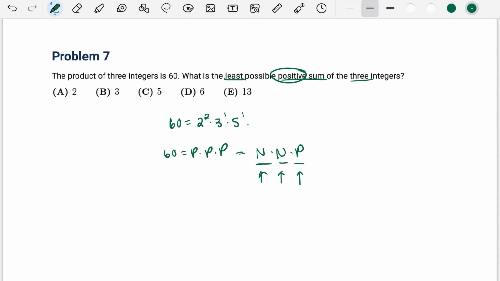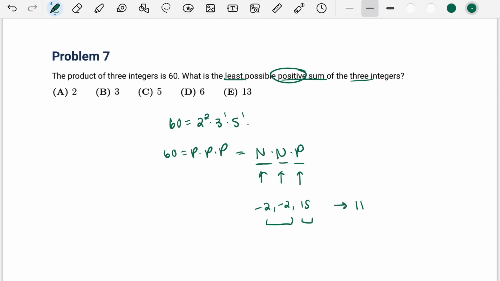If we say the 3 factors are -2, -2, and 15, that would give a sum of 11. But that's not a very good answer, because if we made these two numbers bigger in magnitude, but not as big as this number, we could get a smaller and smaller sum, and that's what we want for this problem.